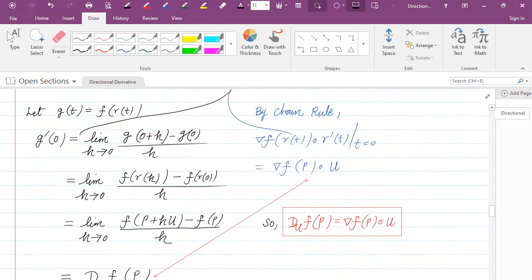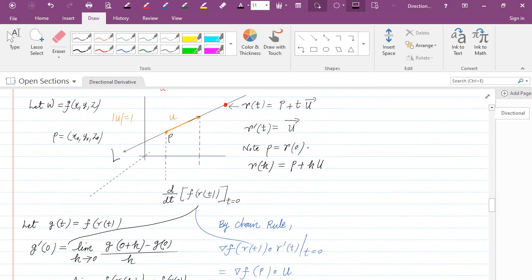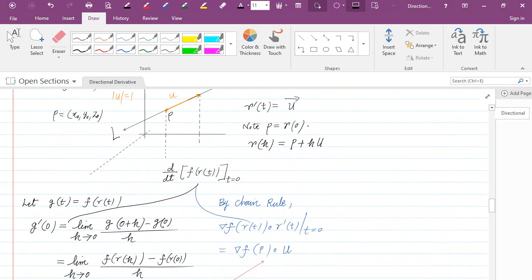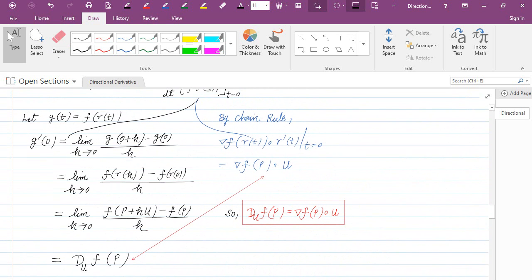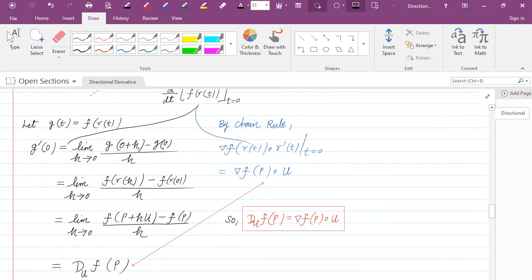So f of r of h would be f of P plus hu, and f of r of 0 would be f of P. So notice that this limit is exactly the directional derivative of f in the direction of u at the point P. Okay, so we find that g prime of 0 is equal to the directional derivative of f at P in the direction of u.